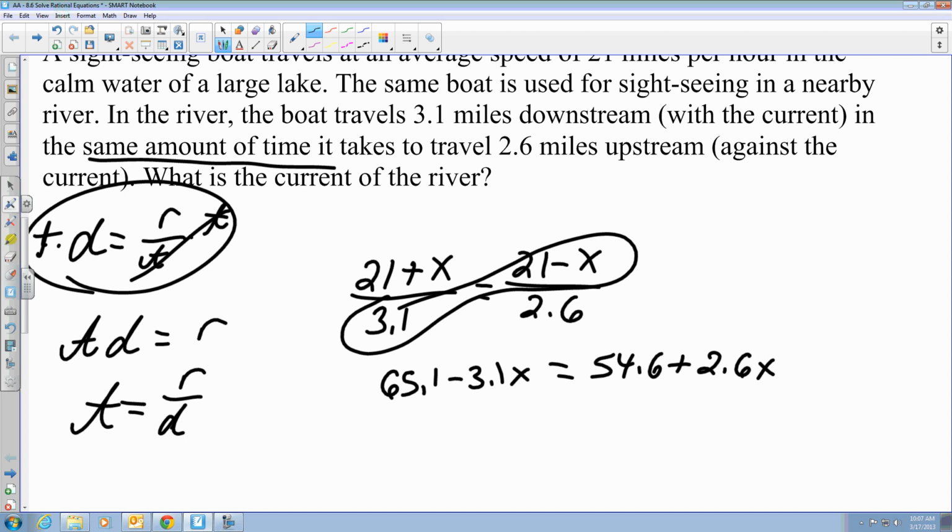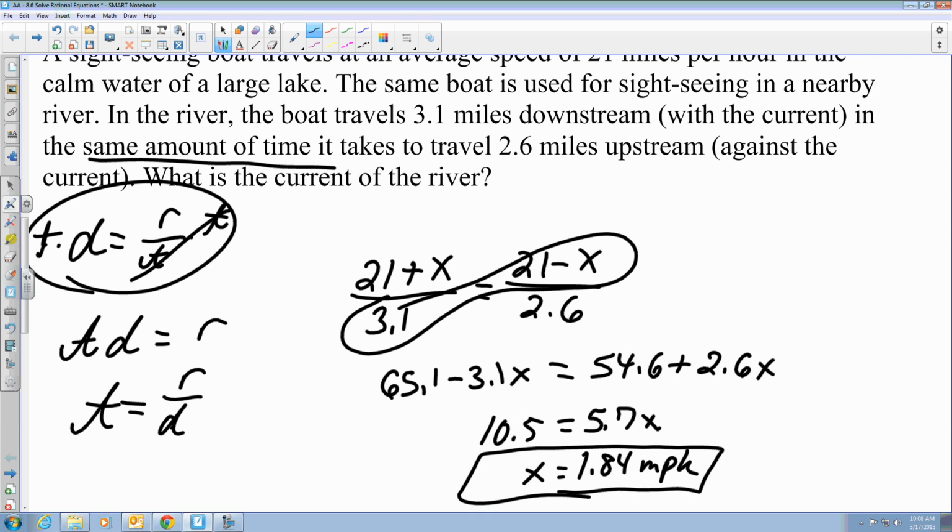So if I subtract 54.6 from both sides, I get 10.5. And if I add 3.1x to both sides, I get 5.7x. If I divide both sides by 5.7, I get 1.84. And that is the current of the river.